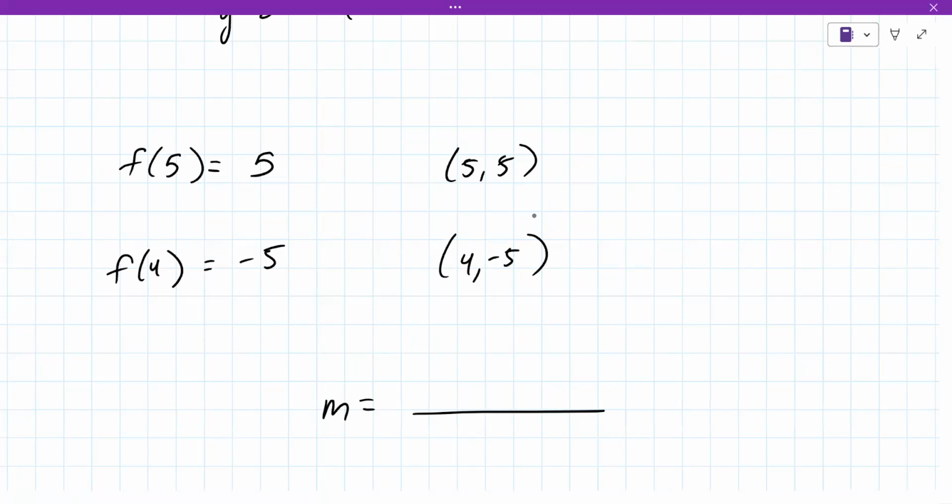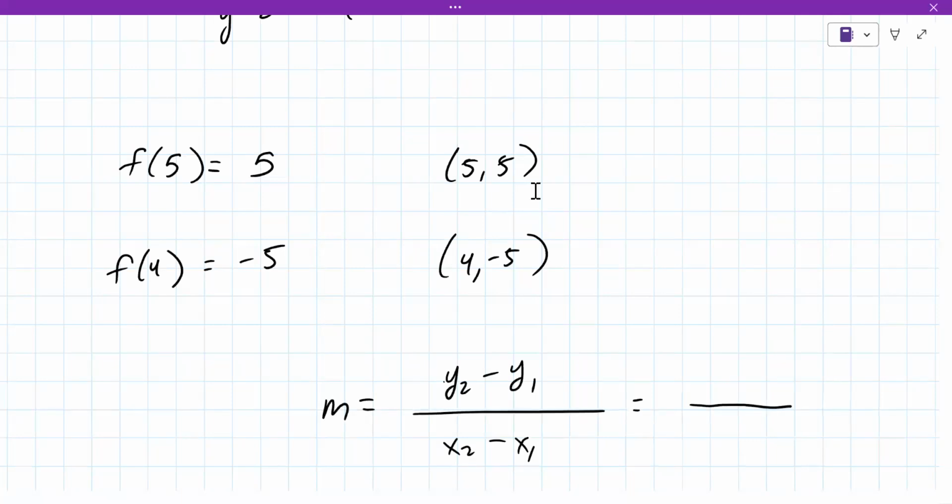Can you write down the form one more time? Sure. y2 minus y1 over x2 minus x1. Okay, thank you. Would it be 0 over 1?